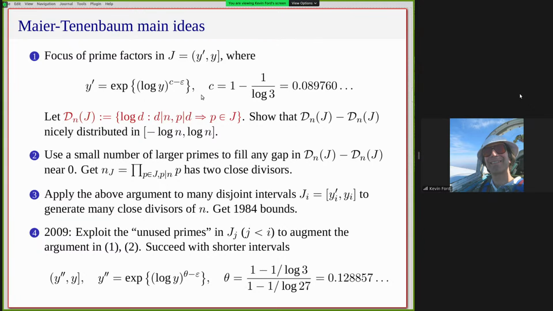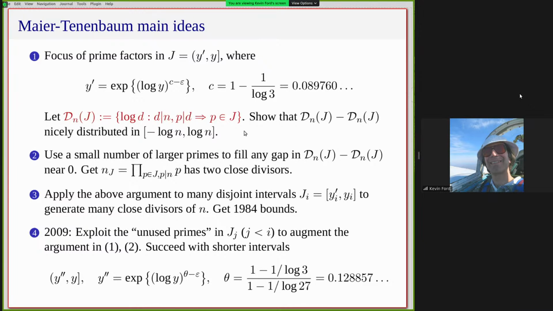Then Erdős's conjecture, his heuristic, also implies that the function I call dnj, which is the logarithm of divisors composed only of these primes, will also have 2 close divisors.